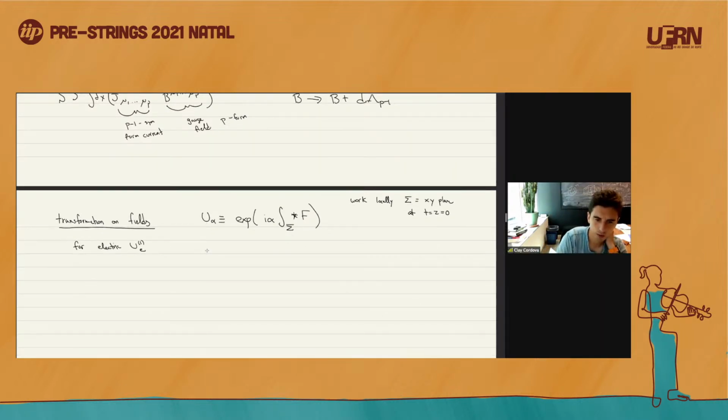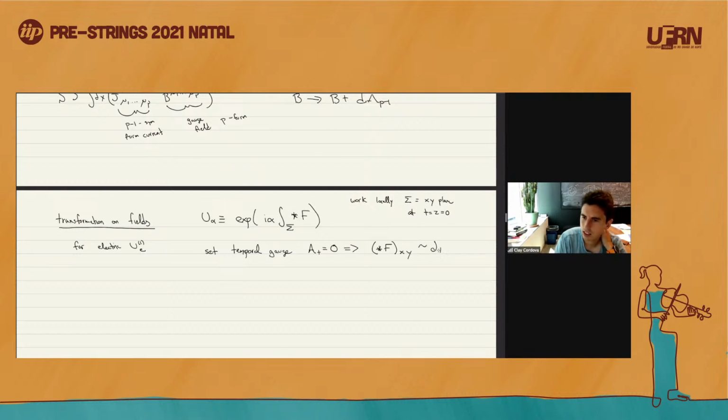So let's set temporal gauge, so A_t equals 0. And then we'll remember that star F sub xy, remember, star F is a 2-form. That's what we're integrating, and we're integrating over the xy plane. So I'd like to know what its xy components are.